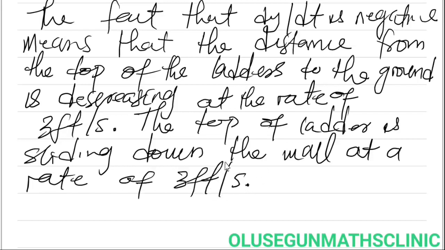So the written conclusion is our answer, because it is minus, because the ladder is sliding down. In another form, that is the top of the ladder is sliding down the wall at a rate of 3 feet per second.